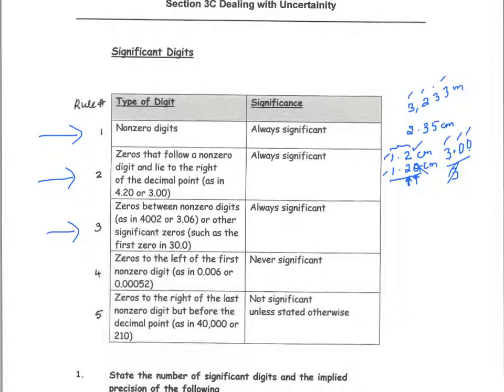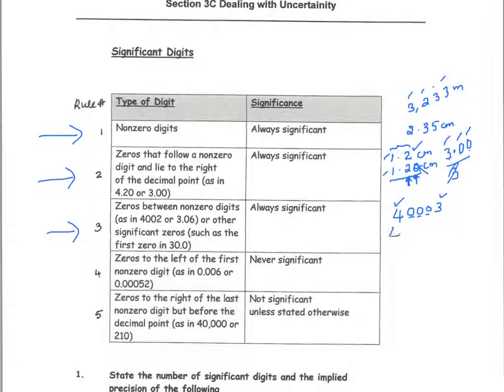Zeros between non-zero digits or other significant zeros are always significant. So if we have 40003, these are zeros, but obviously they're significant because they are between two non-zero digits that are always significant.